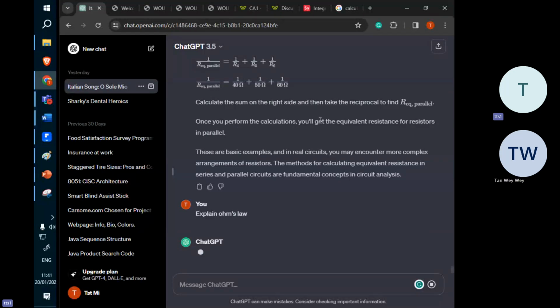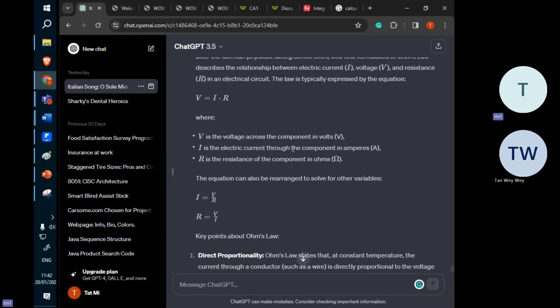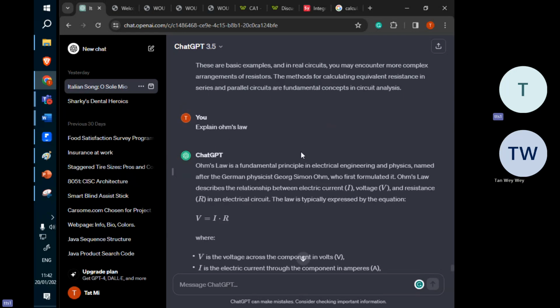Even though AI can help you a lot, if you rely too much on AI, probably it's not good for you. If people ask you about Ohm's law and you cannot explain it in front of them, you just need to refer to AI. That means you're not equipped with this information yourself. So it's better for you to learn how to explain it yourself. You only use AI to assist you.